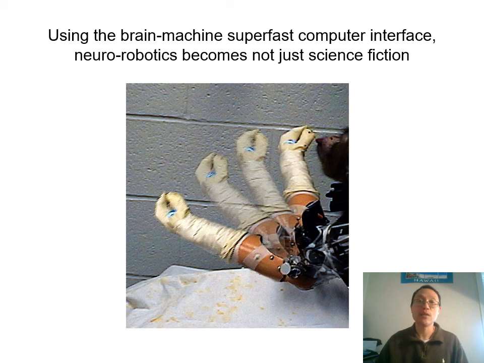This is how you hear people say that if you have an electrode attached to your brain and you think you want the cursor to go to the left, the cursor moves left just by using the population vector in your brain.